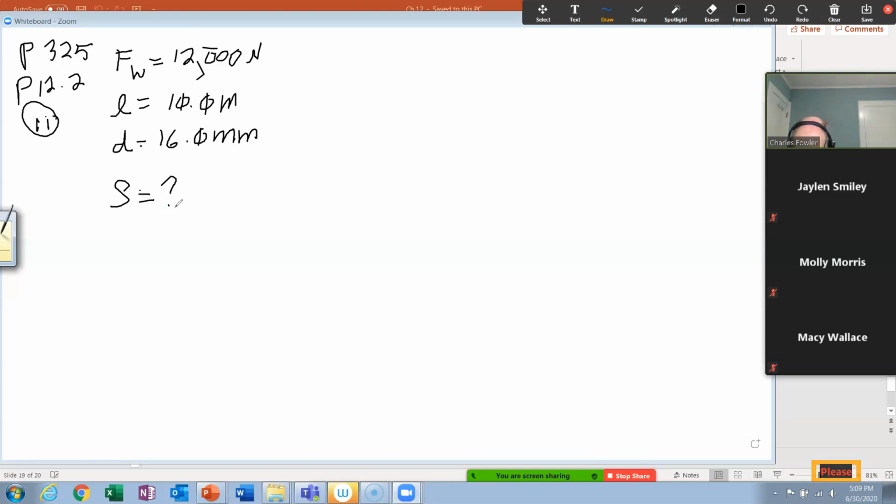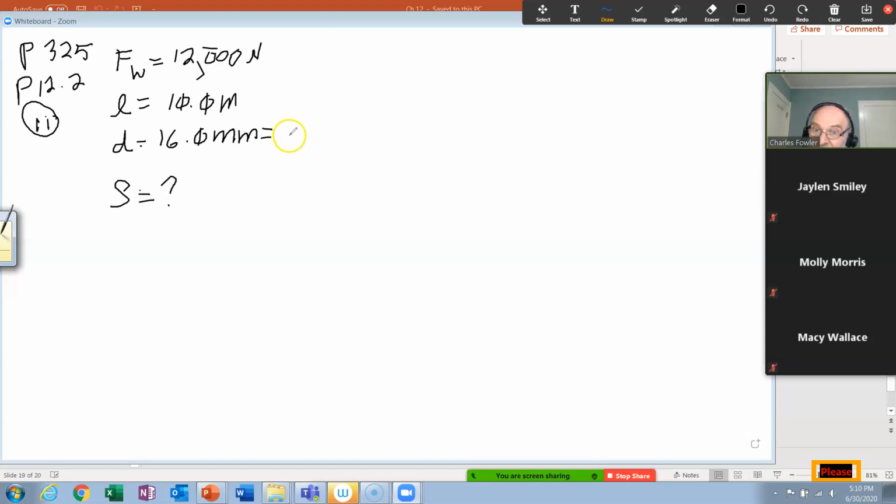Okay, now stress is usually given in terms of square meters, not square millimeters. So we've got a little bit of work to do first, especially on the diameter here. So the first thing we're going to do is get that in terms of meters.